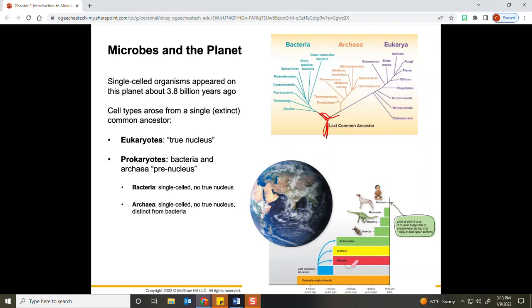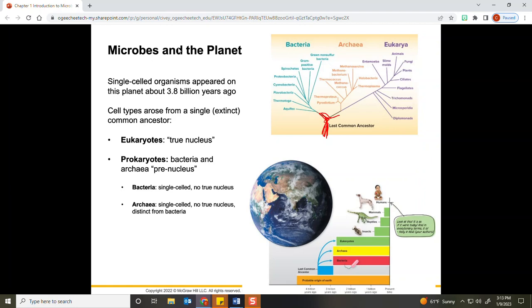This very initial point here, this trunk of the tree, represents the last common ancestor, meaning the very first living organism on Earth. And again, that arose about 3.8 billion years ago. And the various cell types that exist today arose from that single extinct common ancestor.